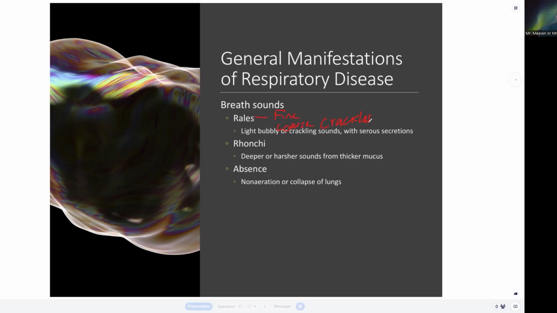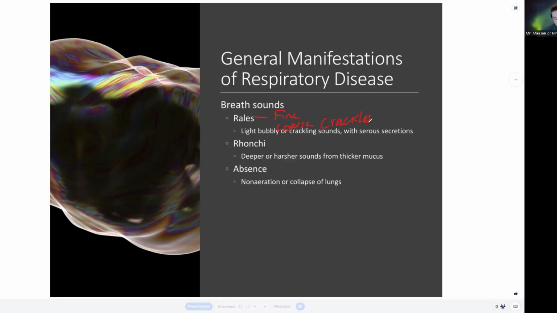When you hear crackles, that's usually talking about a bunch of secretions or mucus buildup, and that would be in chronic lung diseases and pneumonia, anything that's affecting the lungs. Rhonchi are a much deeper and harsher sound when there's a lot of mucus buildup. Rhonchi are similar to crackles, but very harsh, loud to the ears.